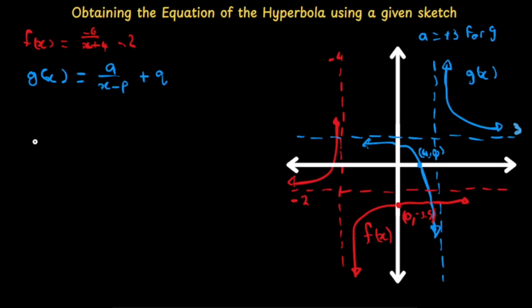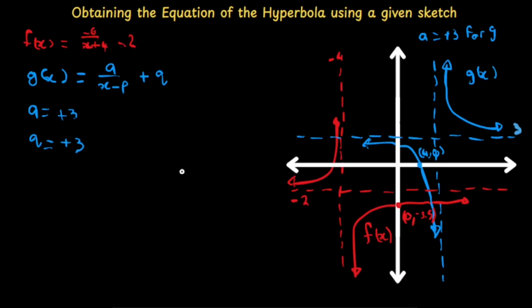Now let's list the value of all the variables in this equation. We know that the value of a is equal to positive 3. Let's look at any other information that has been given to us for this function. We can see that the value for its horizontal asymptote is a y value of positive 3. So we can say the q value is equal to positive 3.